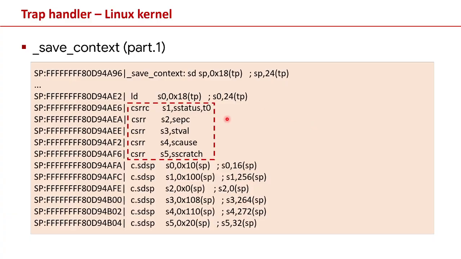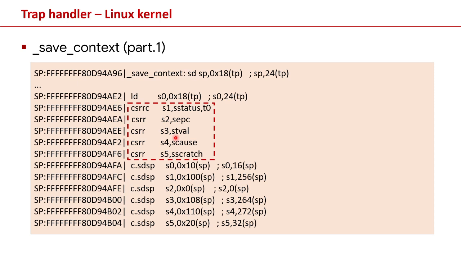Now let's look at the part of the save context label that is jumped to from handle_exception. Another important operation is to read the control and status registers. As you can see, the supervisor exception program counter register will be copied onto the S2 register.